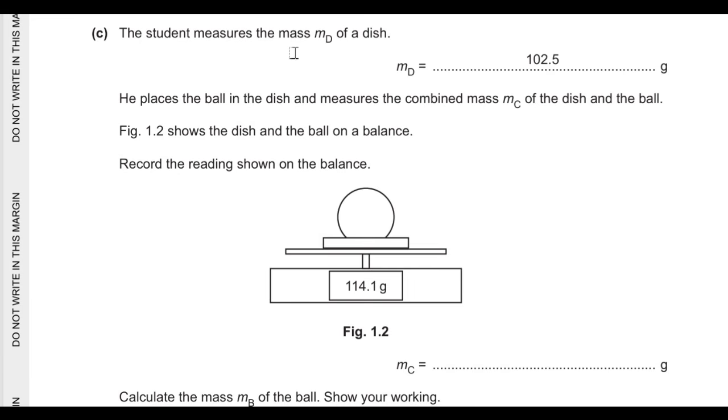C part says the student measures the mass MD of a dish, which is 102.5. He places the ball in the dish and measures the combined mass MC of the dish and the ball. Figure 1.2 shows the dish and ball on a balance. Record the reading shown on the balance.